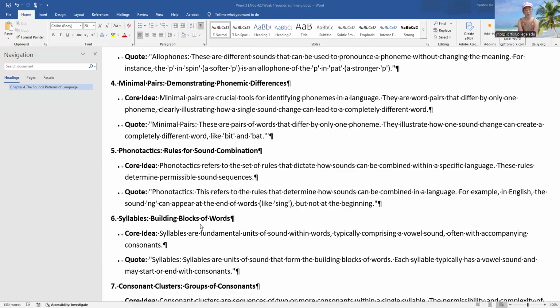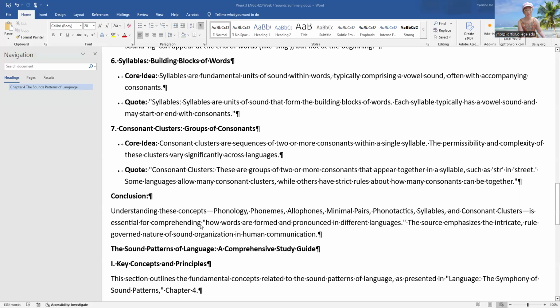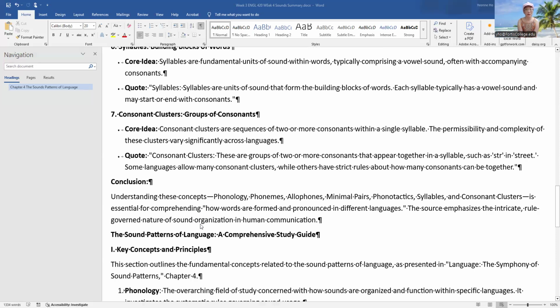Syllables. Syllables are fundamental units of sound within words, typically comprising a vowel sound, often with accompanying consonants. Syllables are units of sound that form the building blocks of words. So if I say independently, that's 5 syllables.